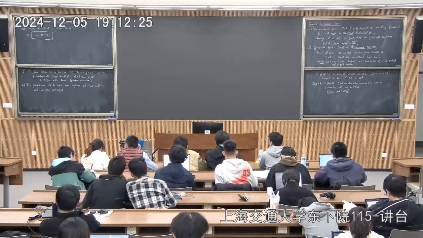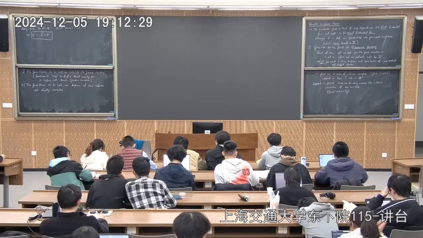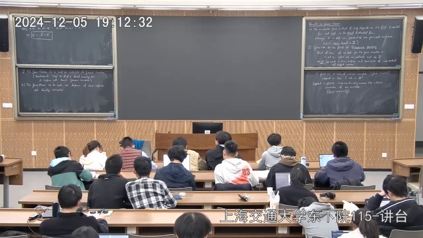If I give you just two surfaces abstractly defined, and I ask you, are these two surfaces locally isometric?